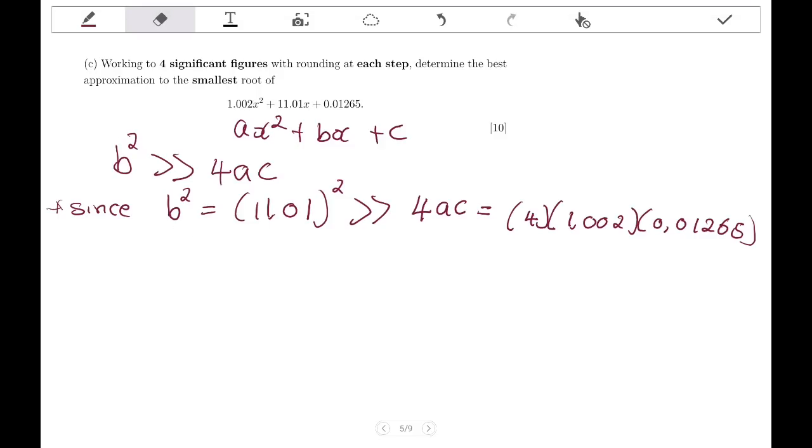Since b squared is greater than 4ac, we are going to use one of these equations.